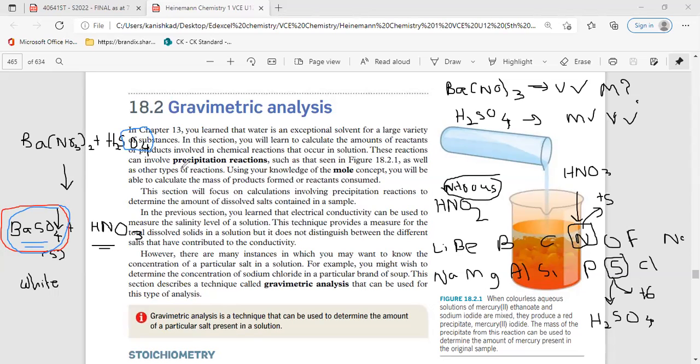Because the sulfate ion originates from a stronger acid than nitric acid. That is the reason.